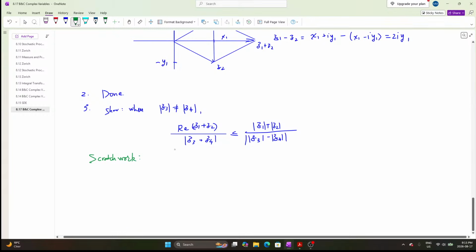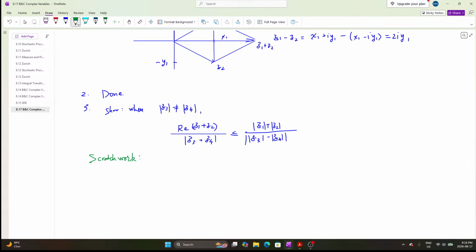So first we notice something. Why do we need this assumption? Well, that's because on the right hand side you have the modulus of z3 minus the modulus of z4 in the denominator, and a denominator obviously can be 0. So this is why we need the assumption.